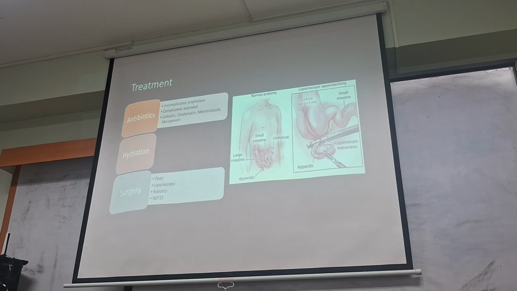It's going to decrease the bacterial contamination in the abdominal cavity. And then you may put a drain, or you may not need to. If the appendicitis is not complicated, then no need to put a drain. But if it's a complicated type, in most cases, you need to put a drain.